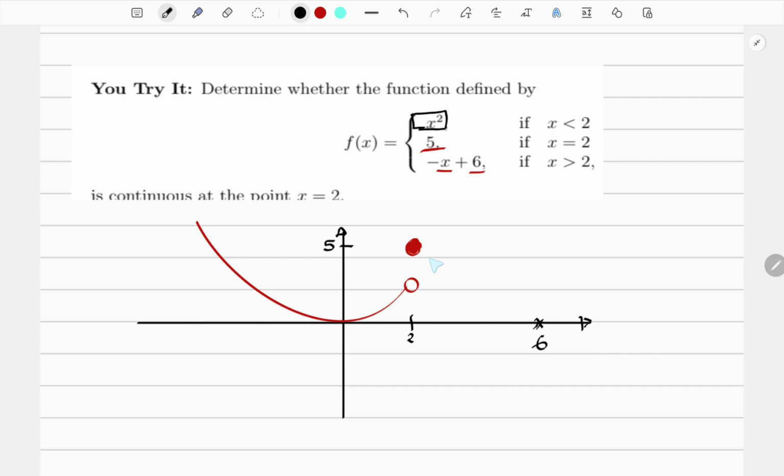But we want to see what it assumes at x is equal to 2. So if we were to substitute 2 in this, we're going to get minus 2 plus 6, which is 4. So we are actually seeing that it is equal to 4, which is similar to that one. So we'll be having that.